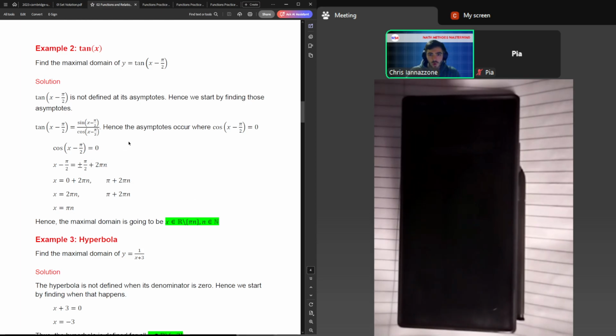And then because we're doing all possible x values, we're going to do its general solution. We're going to add that 2 pi n to it. Then from there, just rearrange that left-hand side. That's going to give you either 2 pi n or pi plus 2 pi n, which we then realize, if you think about it a little bit, both of those solutions can actually condense down to just pi n.